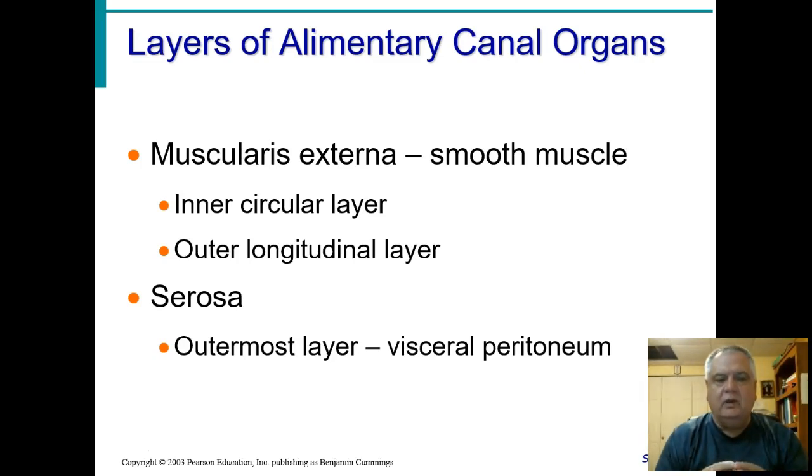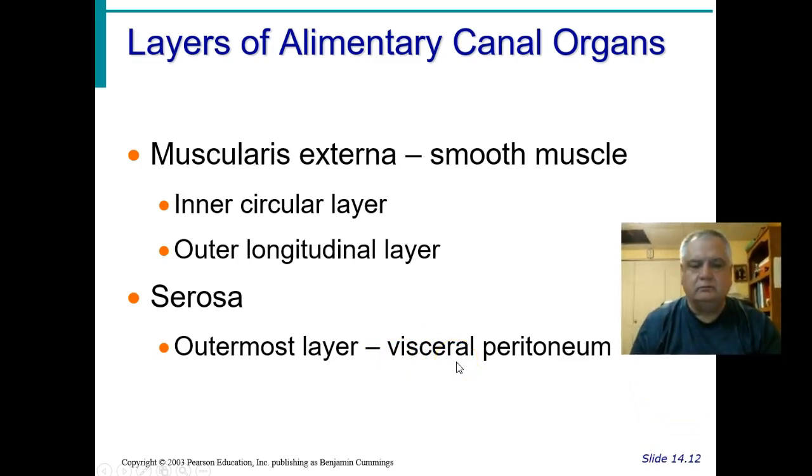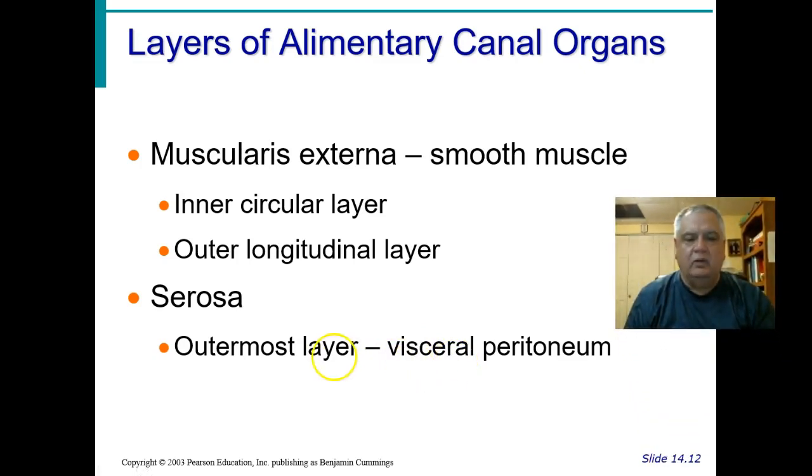So the outermost layer of the serosa is referred to as the visceral peritoneum. This is the portion of the serous membrane that is attached right to the visceral organ, and the visceral organ would be the alimentary canal organ inside the body.